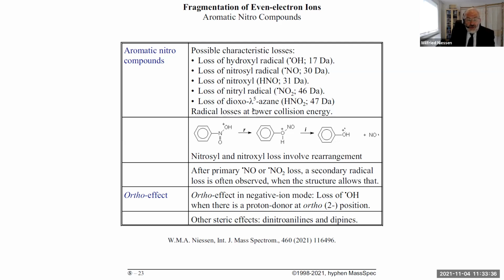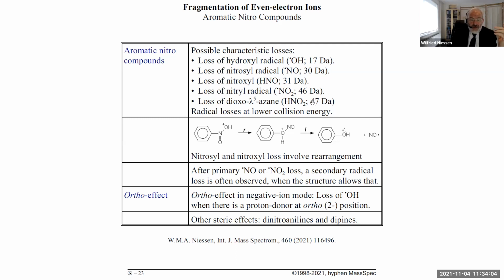And it can show losses of nitrous acid, but since I'm not working in the liquid phase, I prefer not to use the name acid in the name of a neutral loss, which we see. I also talked about hydrogen cyanide or hydrogen isocyanide earlier.